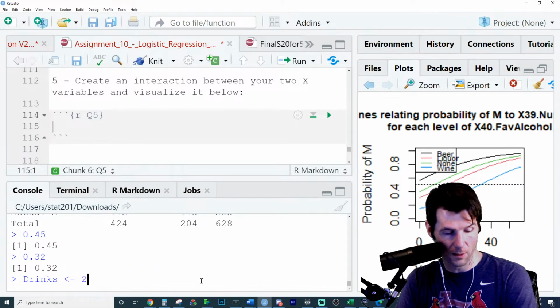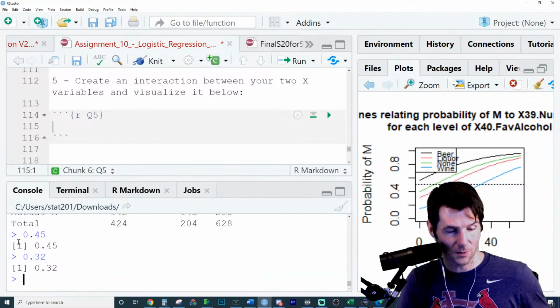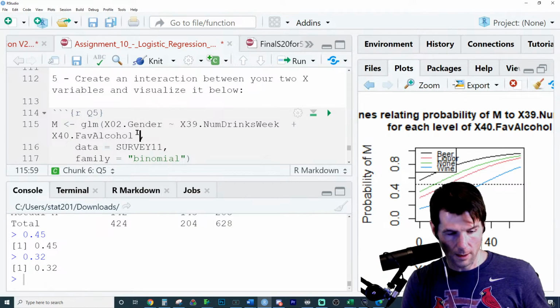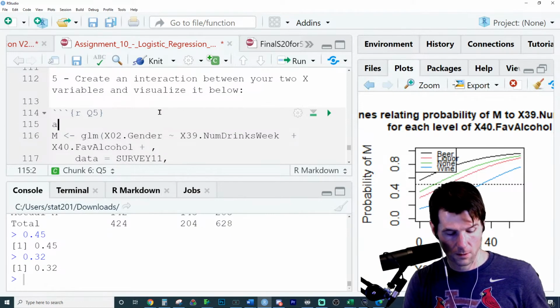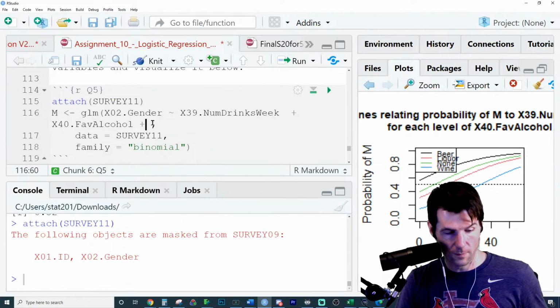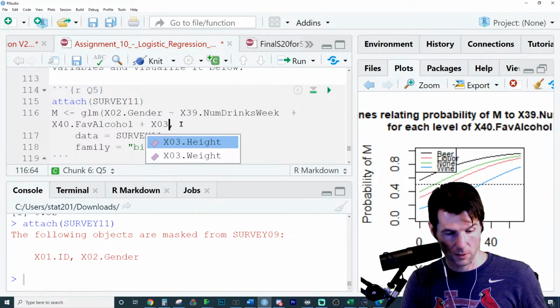Let's grab our model again and watch this. You throw in a few more variables. We could do variable selection. We didn't get to that, but that's all right. Let me attach it. Weight, sex, gender, height.